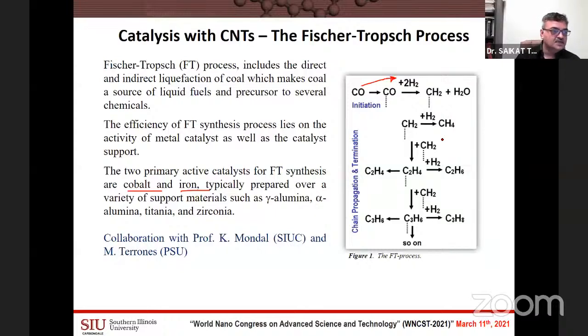It's basically what you get as a byproduct gas when you are mining coal. So what to do with it, right? If you have a nice catalyst which can absorb CO and have time to react with hydrogen, you can actually get long chain hydrocarbons.